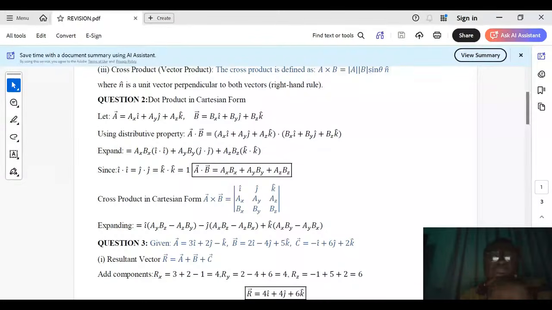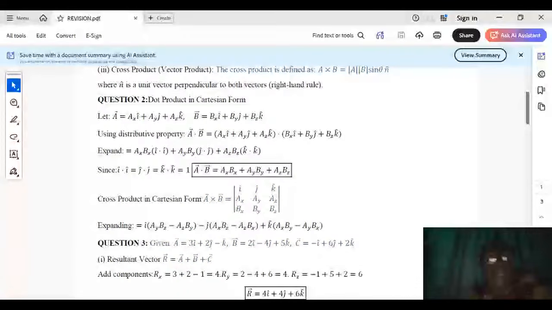We are familiar with some identities like i dot j gives zero. So we simply multiply AXi by BXi, AYj by BYj, and AZk by BZk, and that is what you have in the next line.